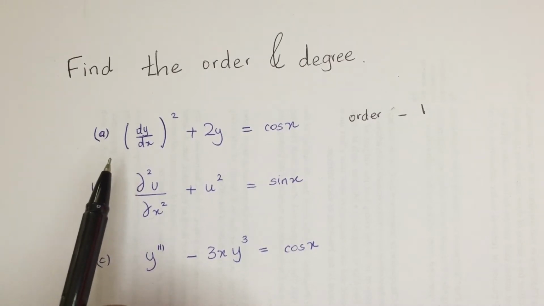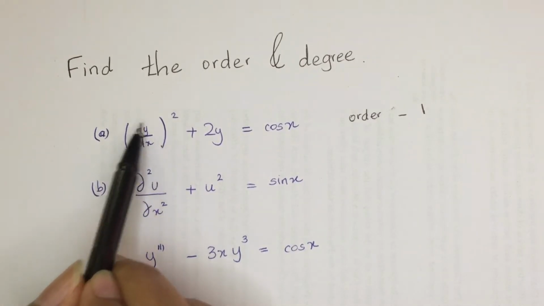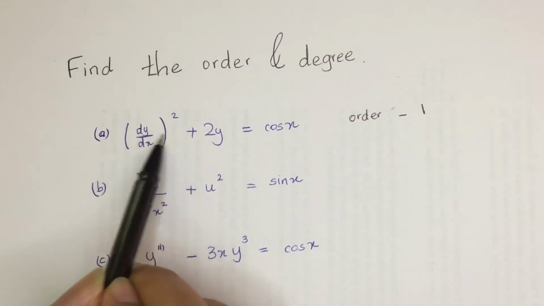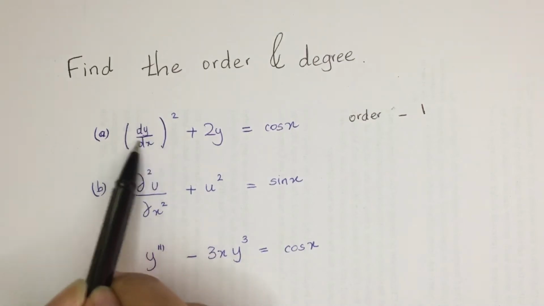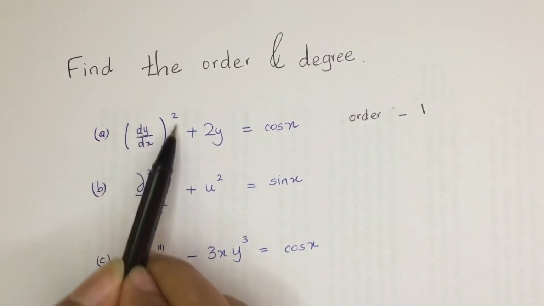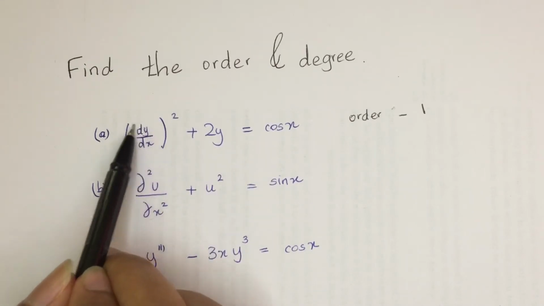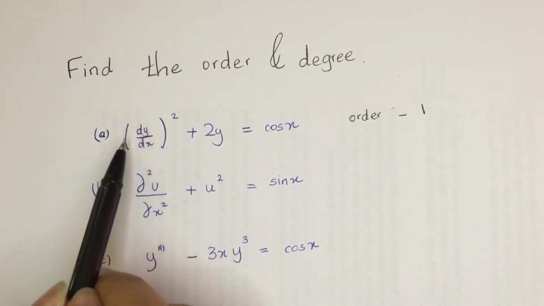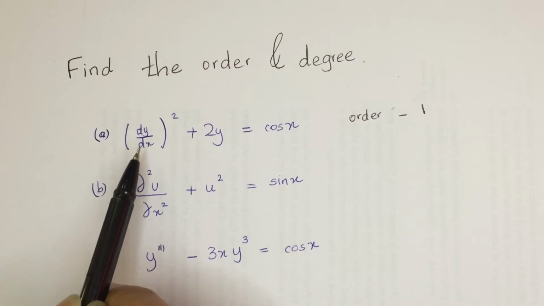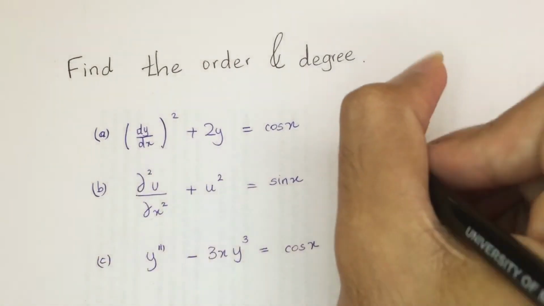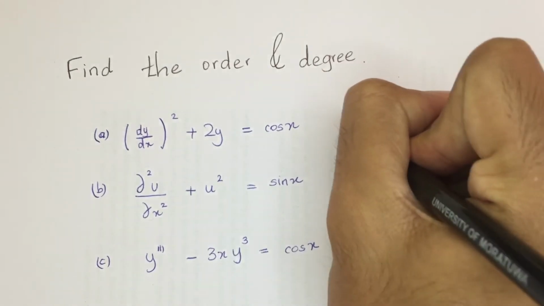We need to find the exponent of this highest derivative. Actually you can see that the exponent would be 2 for this highest derivative. In this equation the highest derivative is the first derivative, dy by dx, and it's having an exponent of 2, squared. So you can directly tell the degree would be 2.